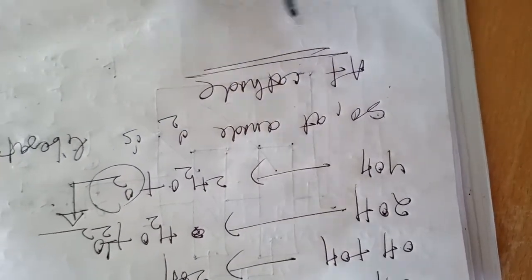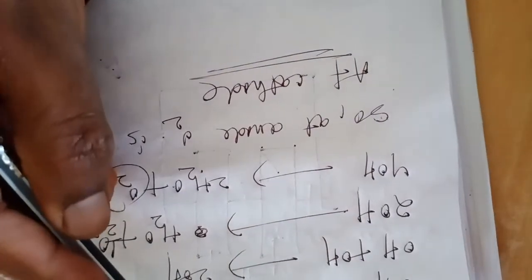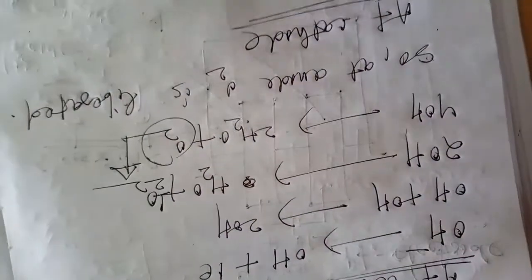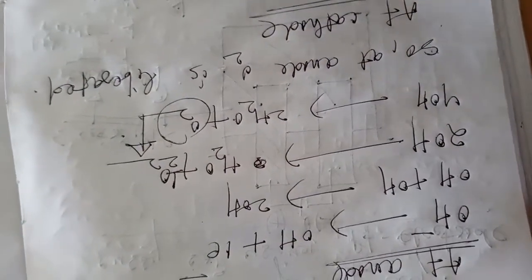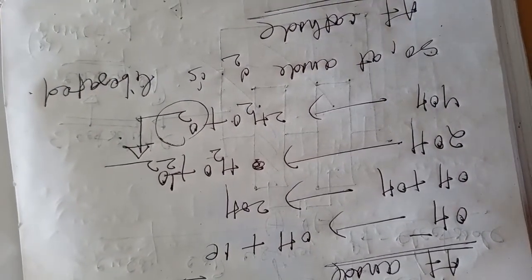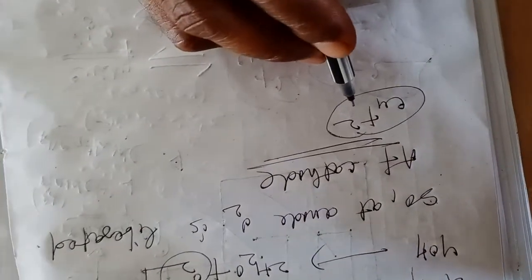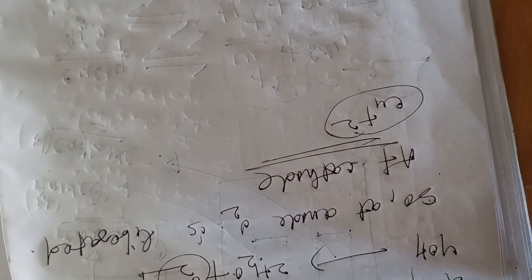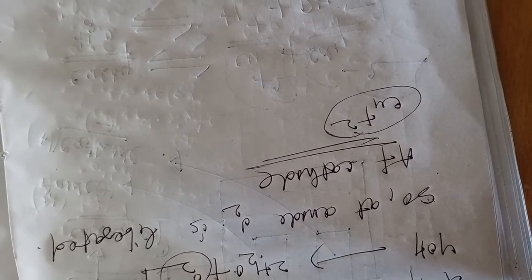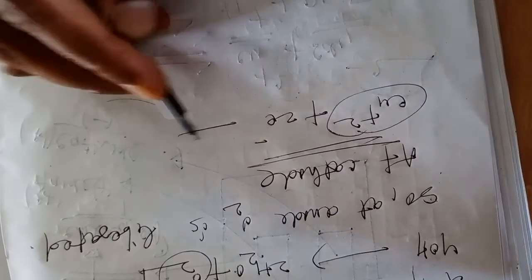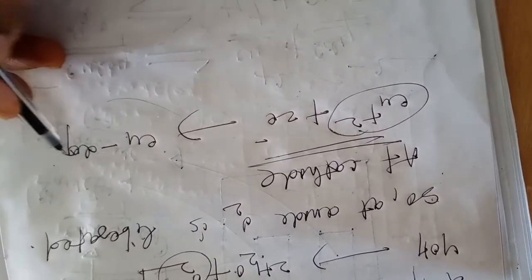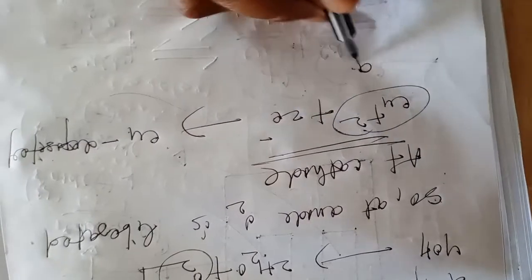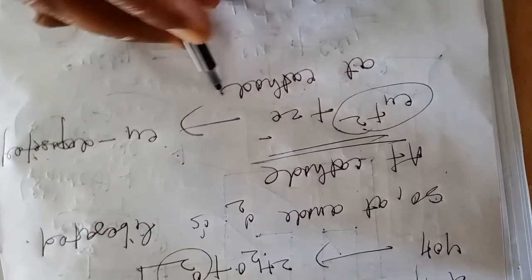Similarly at cathode, what happens? The electrons released at the anode are gained by copper. Cu plus 2 ions have lower discharge potential than H plus, so they move faster towards the cathode and gain 2 electrons to form copper, which is deposited at cathode.